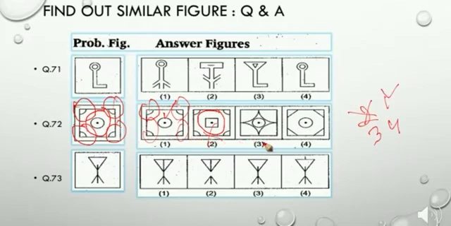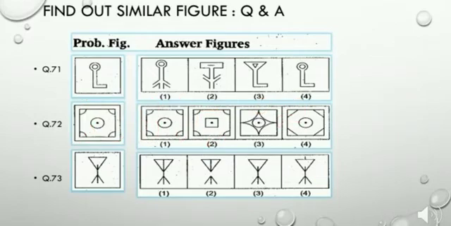In option 3 these corners are not available, so option 3 is ruled out. In option 4 these corners are not matching because here this line is straight. In the problem figure it is curved. So option 4 is also ruled out. Option 1 is the only correct option. Let's go to the next question.